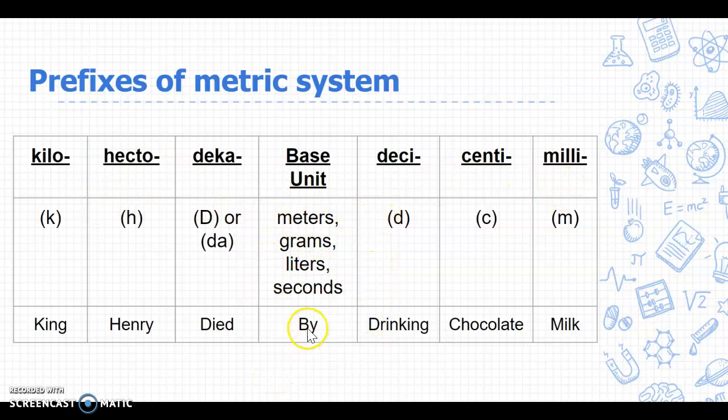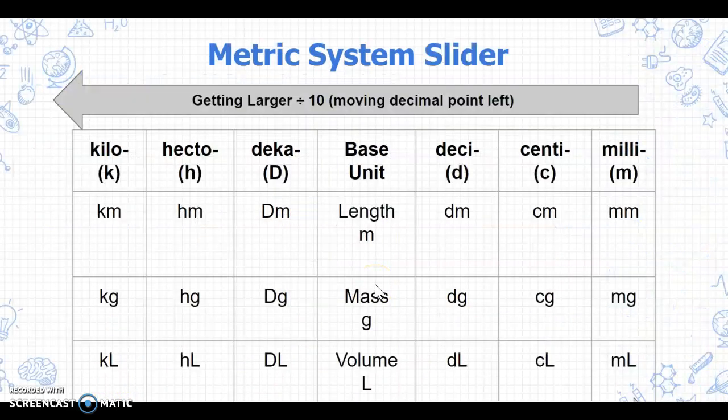You can remember that there are 3 on either side, 3 smaller and 3 larger, by using King Henry died by drinking chocolate milk. I don't think that's historically accurate, but it will help you to remember this system. So there is a slider system to the metric system.